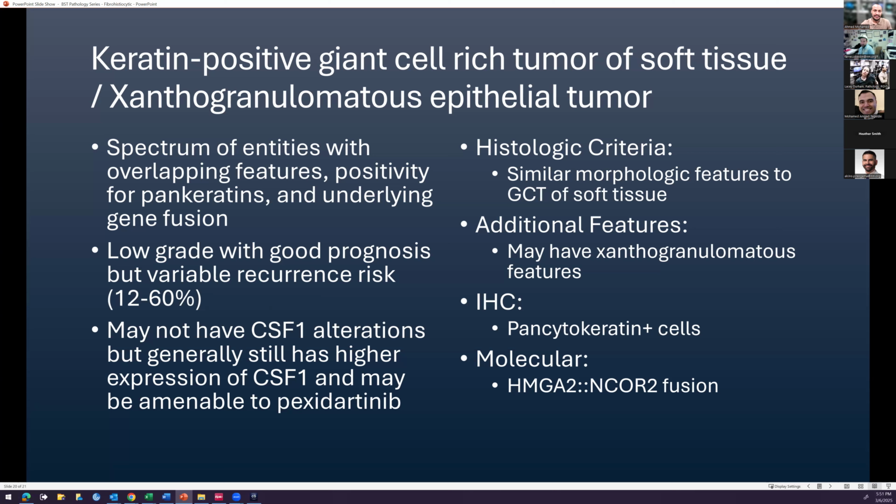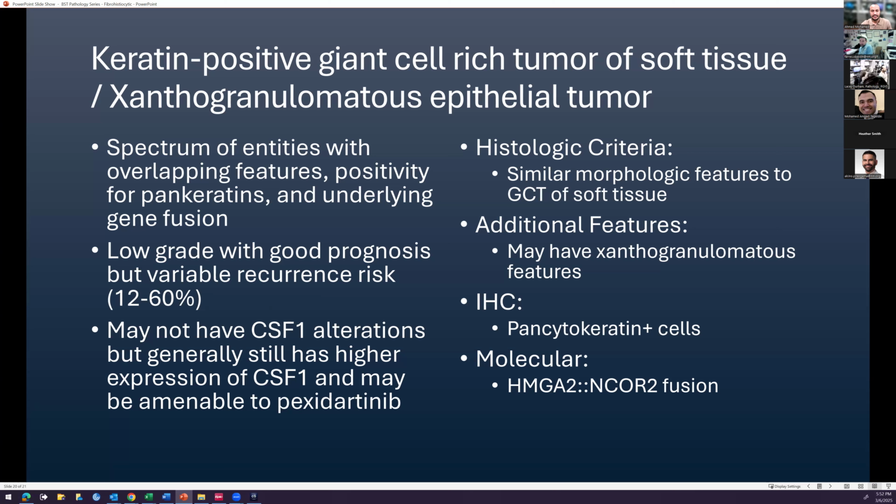And these generally don't have CSF1 alterations, but they actually may respond to pexidartinib, right? Because the fusion actually relates to the CSF1 pathway, so they may be amenable to therapy if that's an issue. Histologically, they often have similar morphologic features to giant cell tumors or xanthogranulomas. You may see more Touton giant cells and a lot of xanthomatous cells, right?